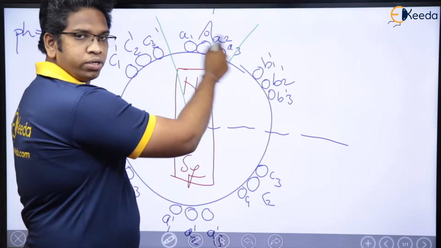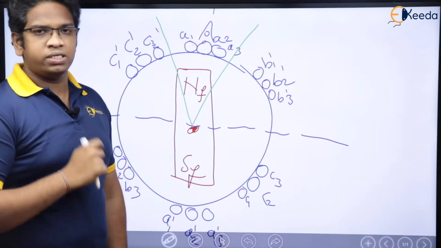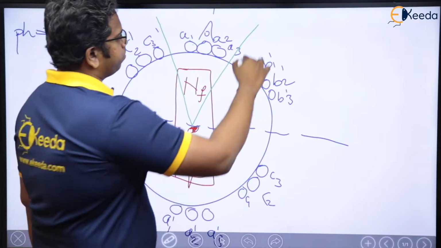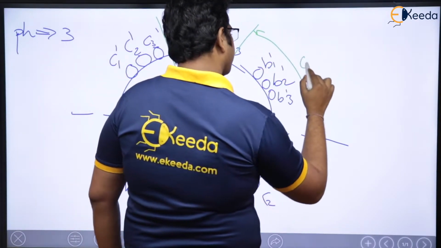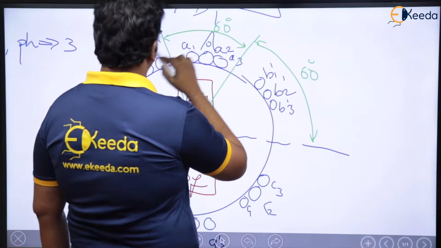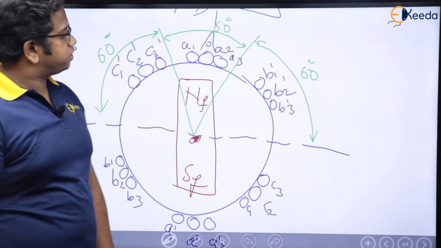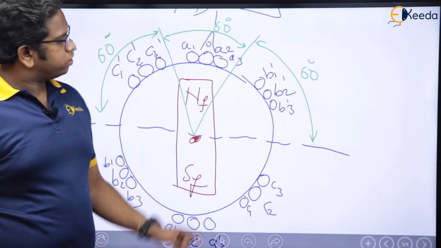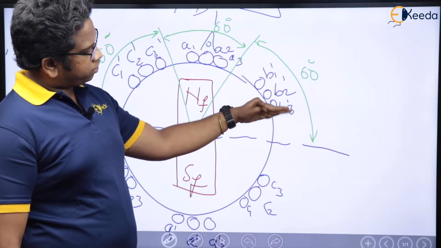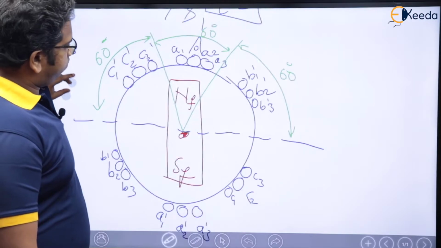If this angle is 180 degrees, then each of these three angles will be 60 degrees, because it is divided by 3 equally. What is this 60 degrees? It is called the phase spread. Already we know this is called phase spread, meaning the angle one phase occupies. So 60, 60, 60.